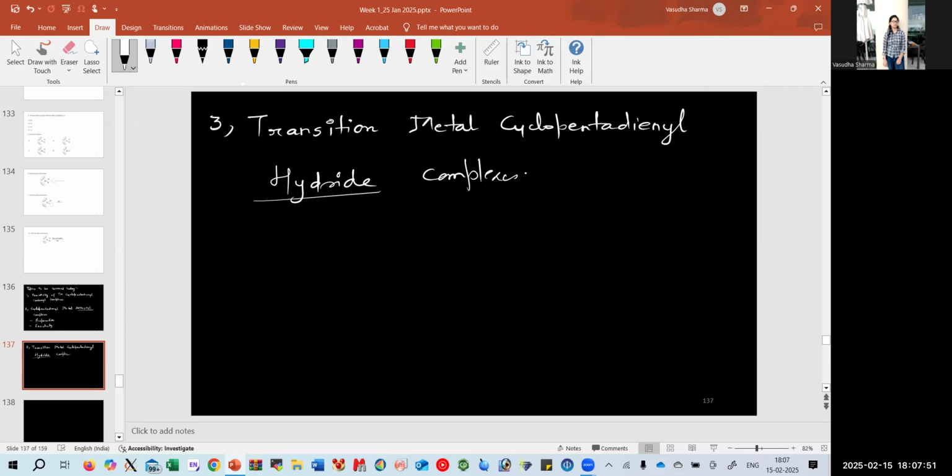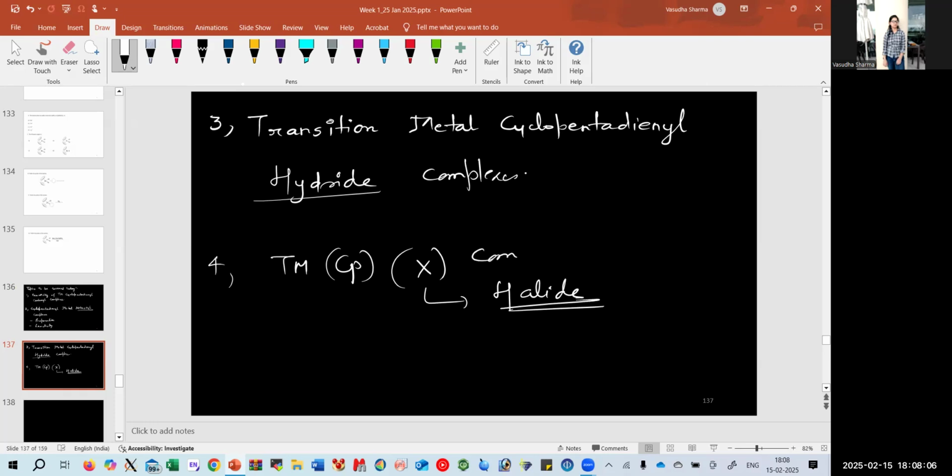We'll be looking into that. And followed by that, it would be the same transition metal, CP and X, which is a halide. Halogen would be introduced, and those complexes we'll be studying today. So this is what we will be talking about today, and at the end, we'll be taking the problem session.